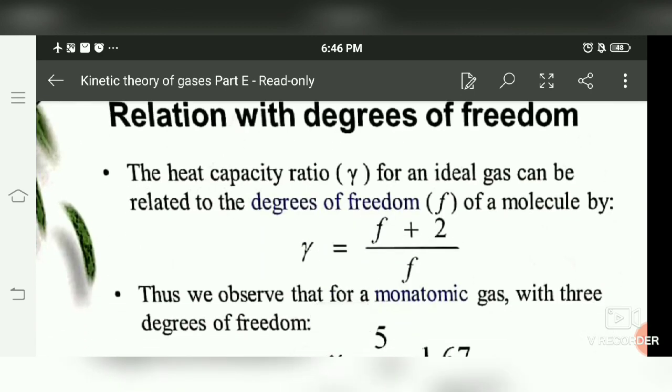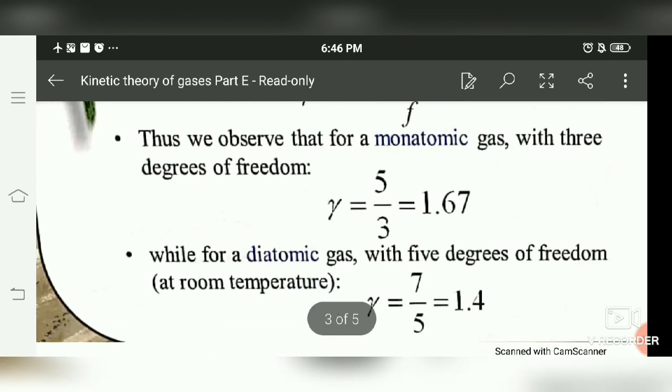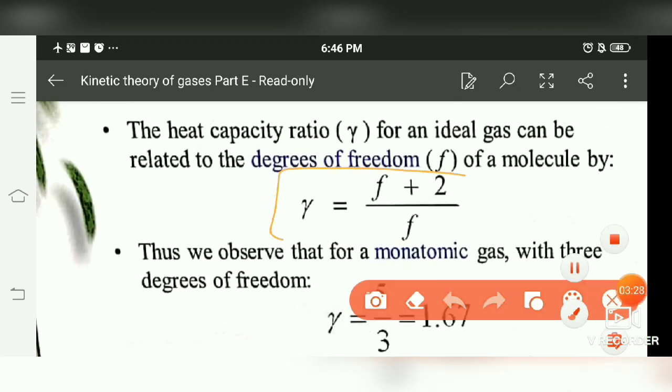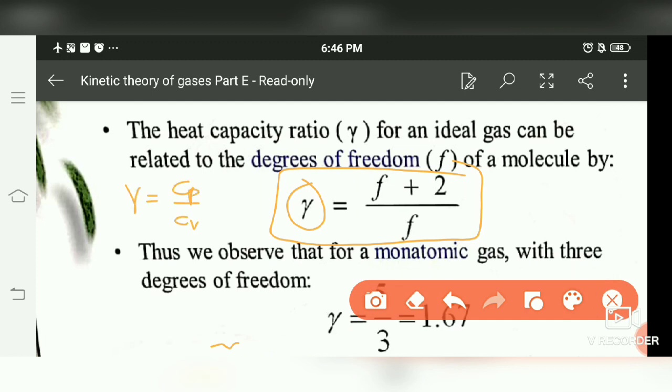Next, there is a relation between gamma and degree of freedom, and that relation is given by this. This is the relation between degree of freedom and heat capacity ratio. Gamma is Cp by Cv. We can also find this relation.